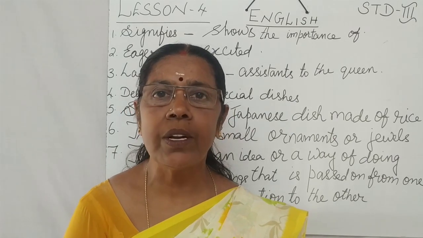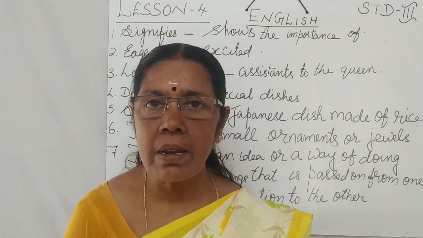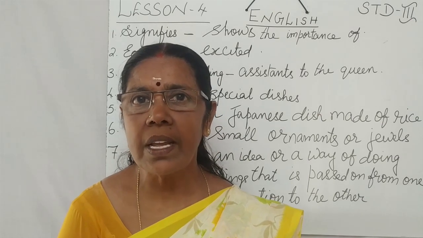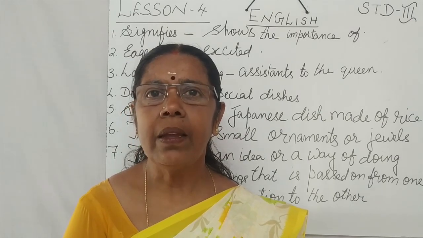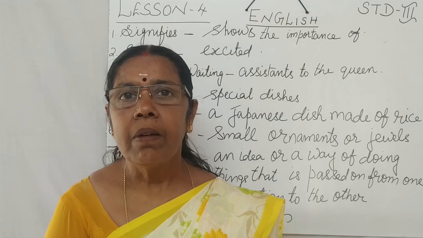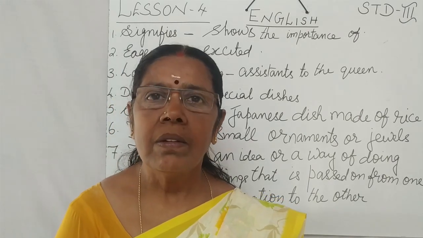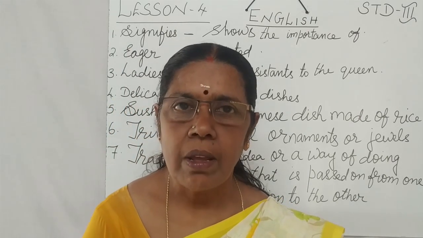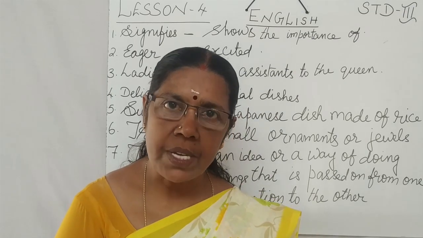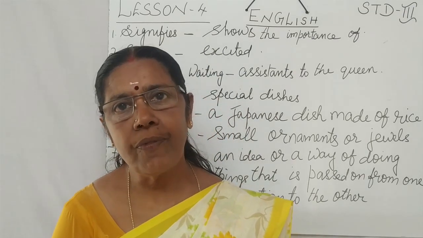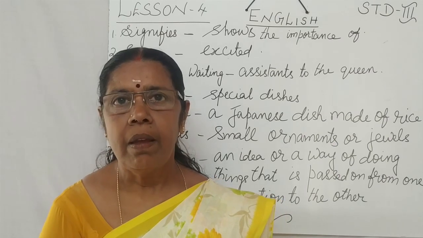These two children, who are they? Rima and who is the other girl's name? Jyothi. Her name is Jyothi. Rima from Chennai and Jyothi from Japan.